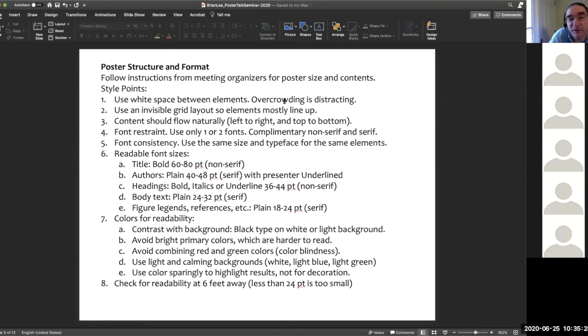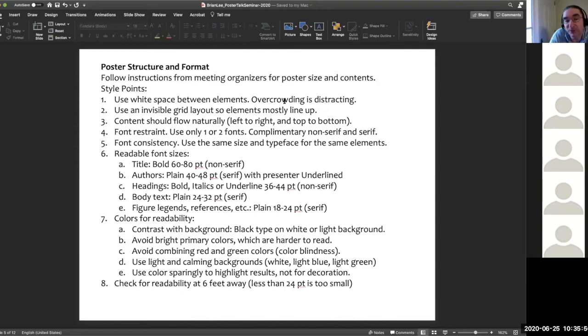Now, in using fonts, a lot of people get very creative with fonts. In posters, it's generally not a good idea to use a bunch of different fonts. You want to be restrained in the fonts that you use because it makes it easier for people to understand what's going on.